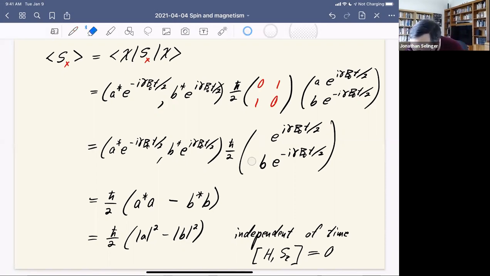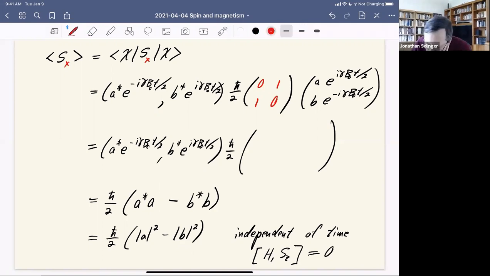Once again, I'll work from right to left. In this matrix multiplication, on the top I have 0 times the A thing plus 1 times the B thing.